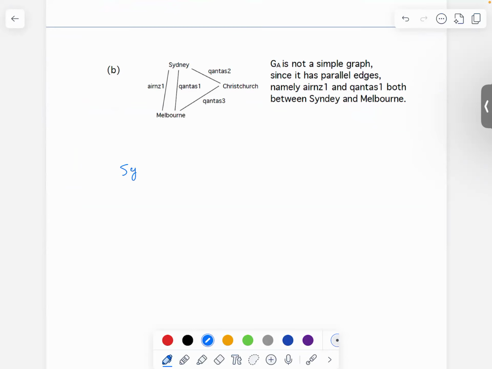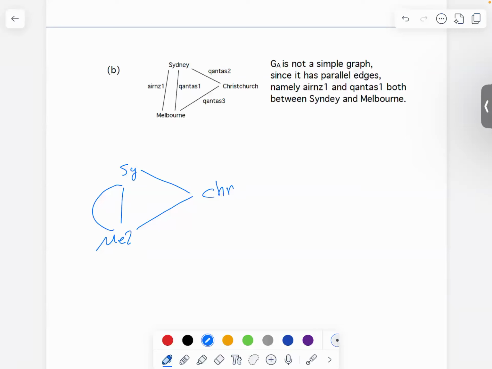Sydney, Melbourne. There are two airlines from Sydney to Melbourne, one airline from Melbourne to Christchurch, and one to Sydney.